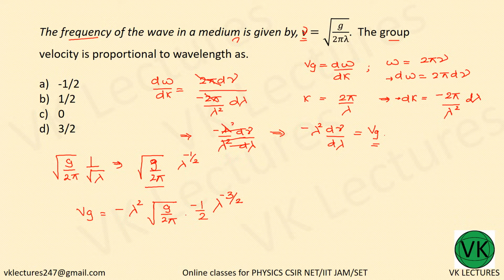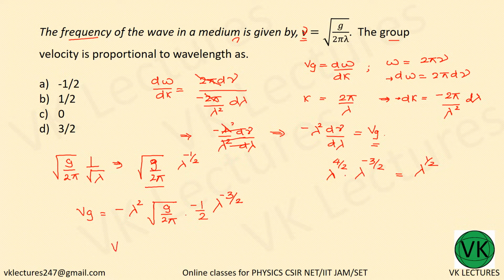Now this is lambda to the power 2, that is lambda to the power 2 into lambda to the power minus 3 by 2. Just add, you will get lambda to the power 1 by 2.